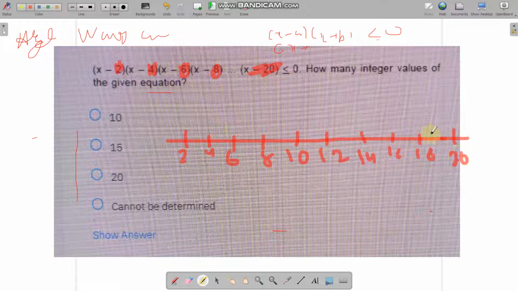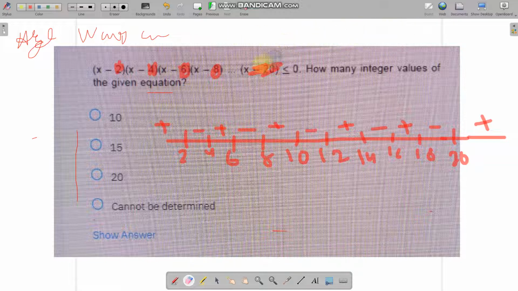I'm going to show you a twist in this question too. Okay, so the first step: the rightmost critical point is 20, so beyond this it is positive. Then alternately negative, positive, negative, positive, negative, positive, negative, positive, negative, and positive. I'm telling you the solution of this first, and after that I'll tell you the twist.